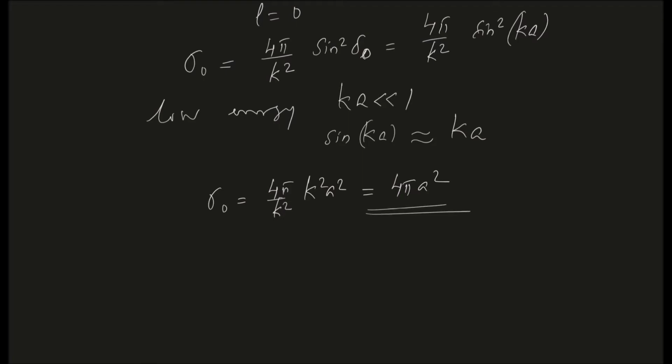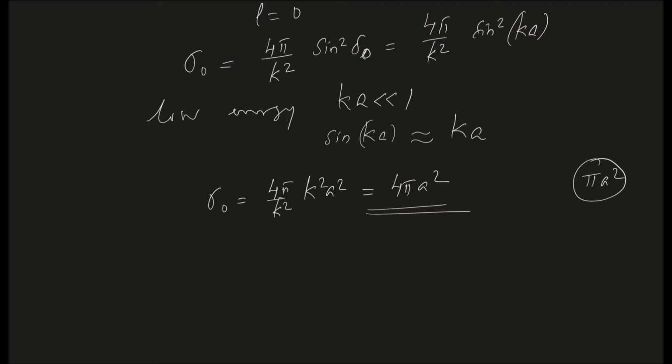This is the scattering cross section in the low energy limit. And if we calculate this scattering using classical mechanics, what we get is pi A square. So compared to the classical value, quantum mechanics tells you that it is 4 times the classical value of the scattering cross section.